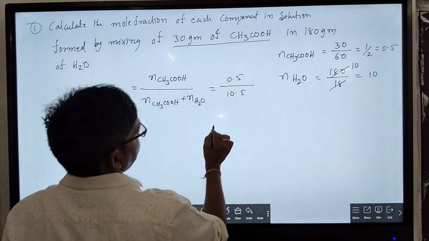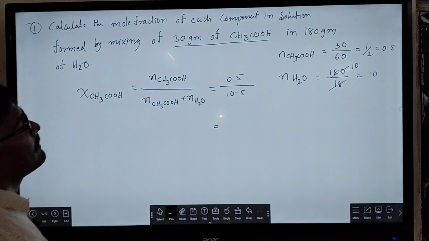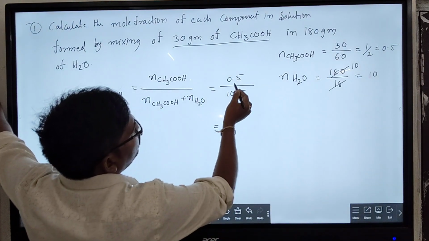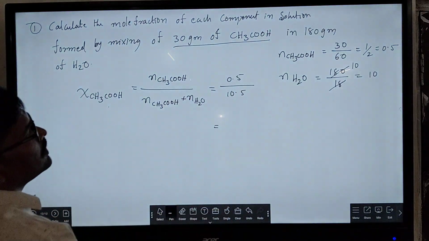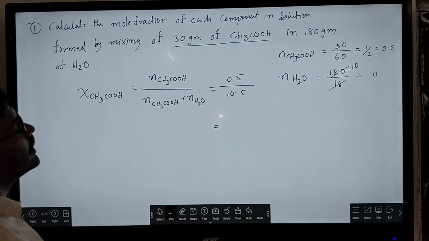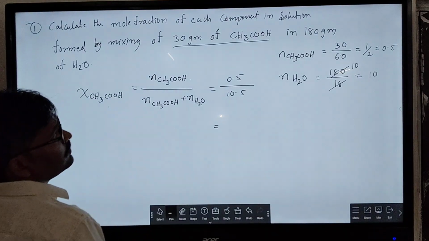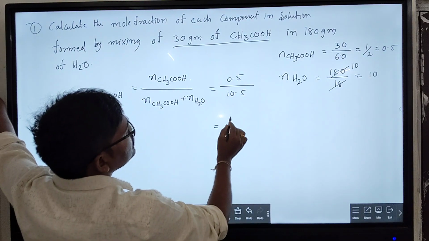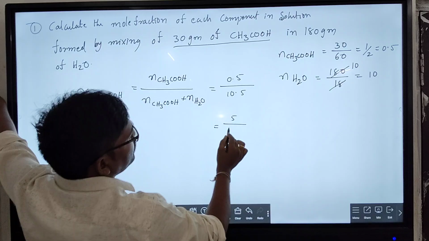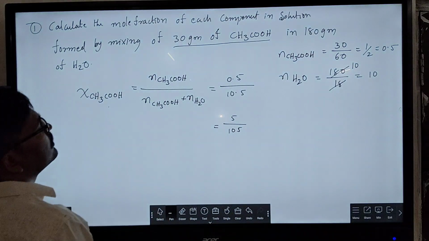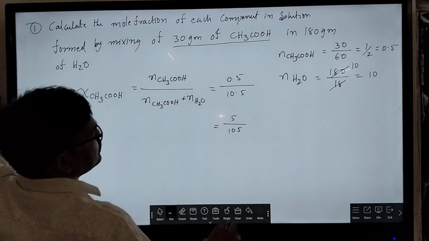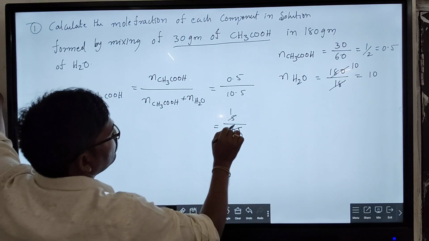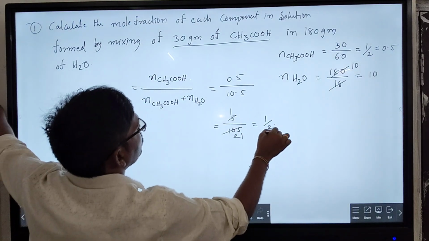So the mole fraction is 0.5 divided by 10.5, that is 5 divided by 105, which is 1 divided by 21. Exactly correct, 1/21.